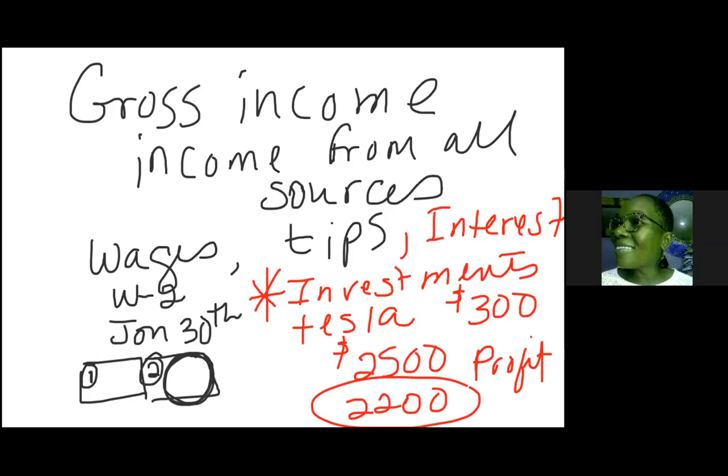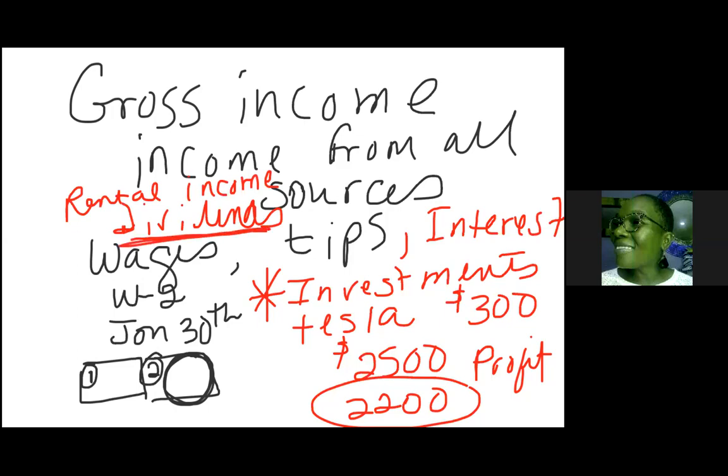Additionally, guys, there's more, okay? So let me see if I can add some more over here. If you own a property that you're renting, rental income, that's income to you. Dividends, you guys know what dividends are? Anybody? Okay. Dividends is very similar to interest.